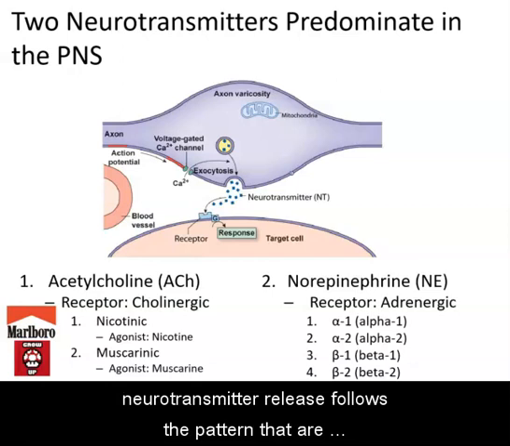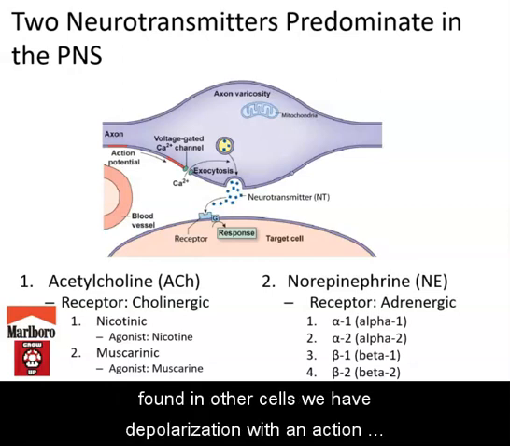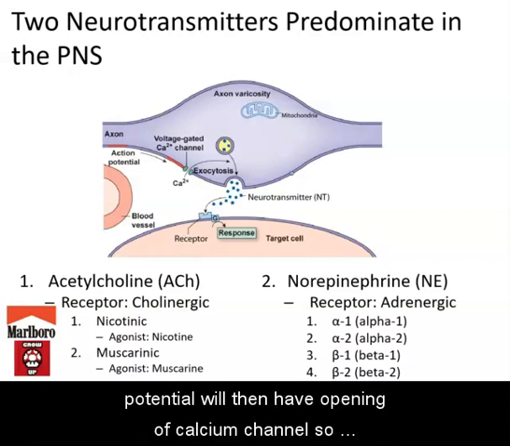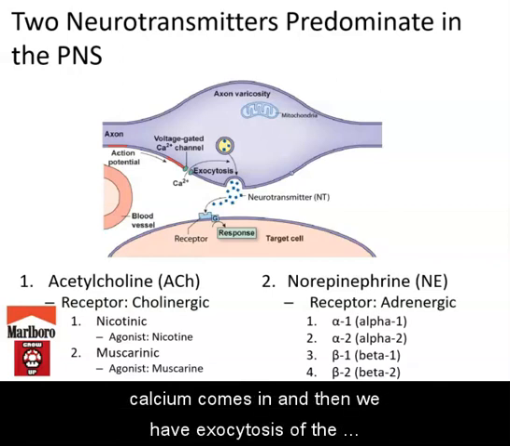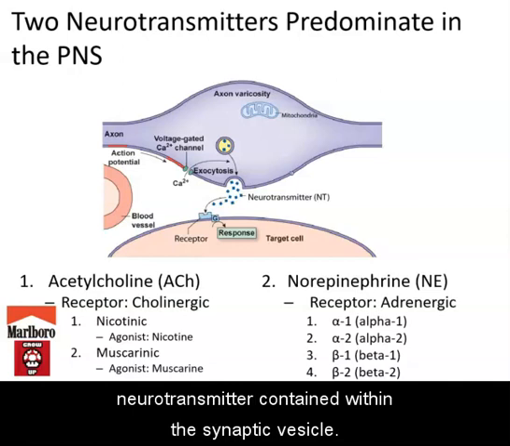We have depolarization with an action potential, then opening of calcium channels, so a calcium signal is produced within the axon. Calcium comes in, and then we have exocytosis of the neurotransmitter contained within the synaptic vesicle.